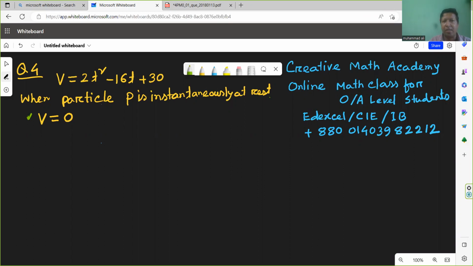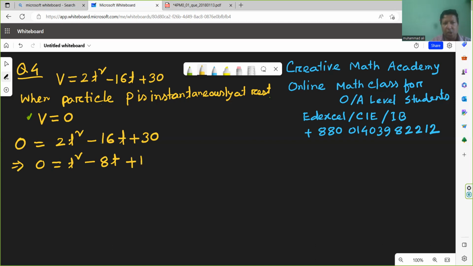So we have to write 0 equals 2t squared minus 16t plus 30. If we divide both sides by 2, we will get t squared minus 8t plus 15.